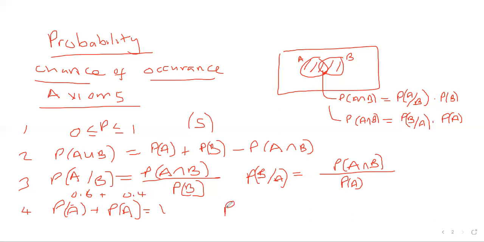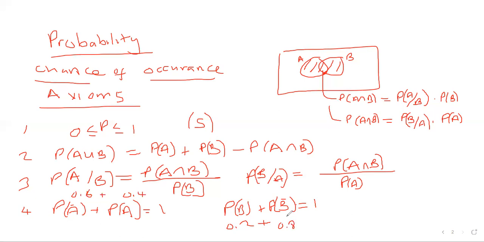It also follows that the probability of B plus its complement should also be 1. So my question is, if our B is 0.2, what is the complement of B? Yes, Tandy? 0.8. 0.8, exactly.